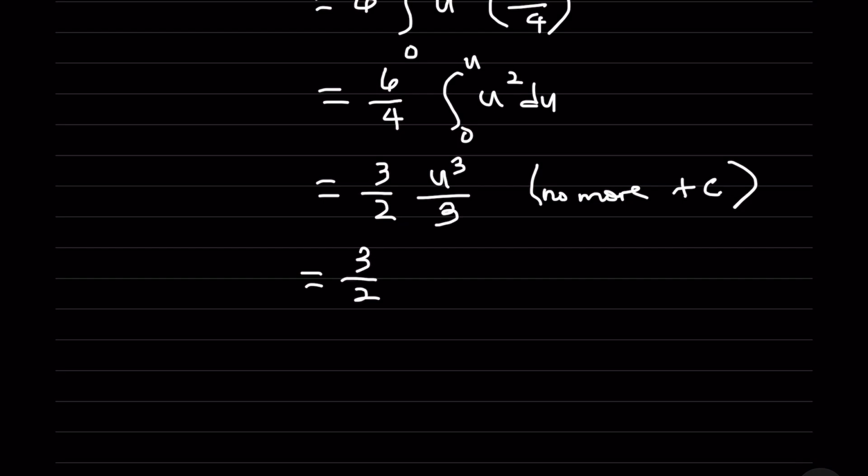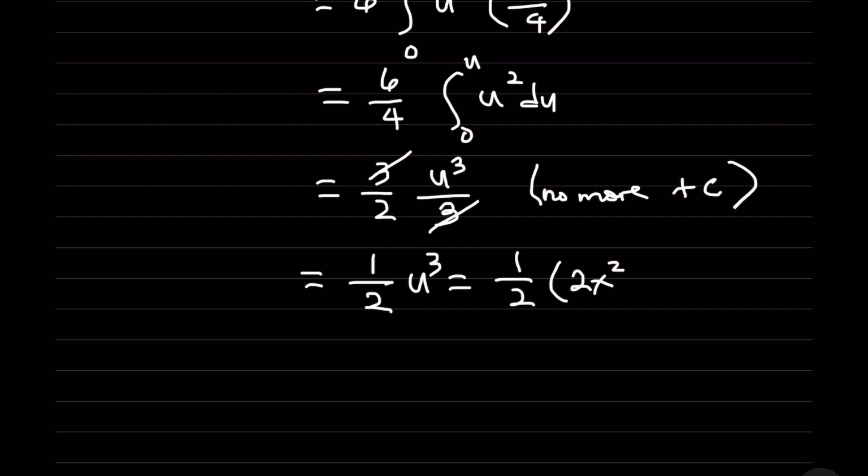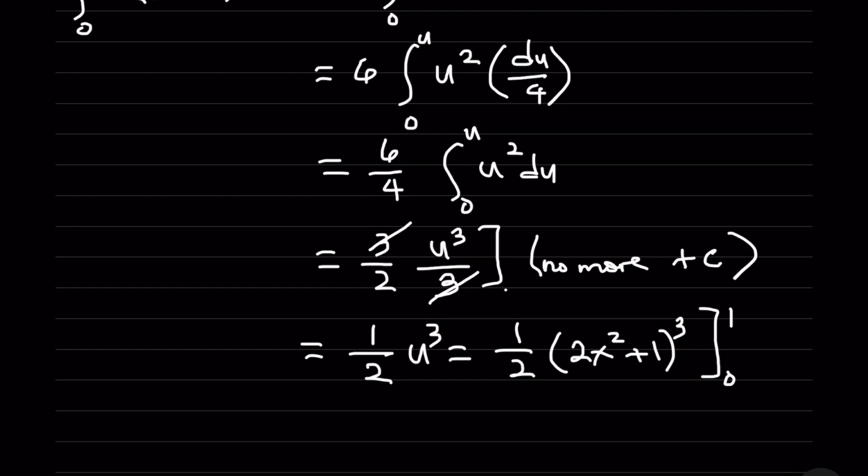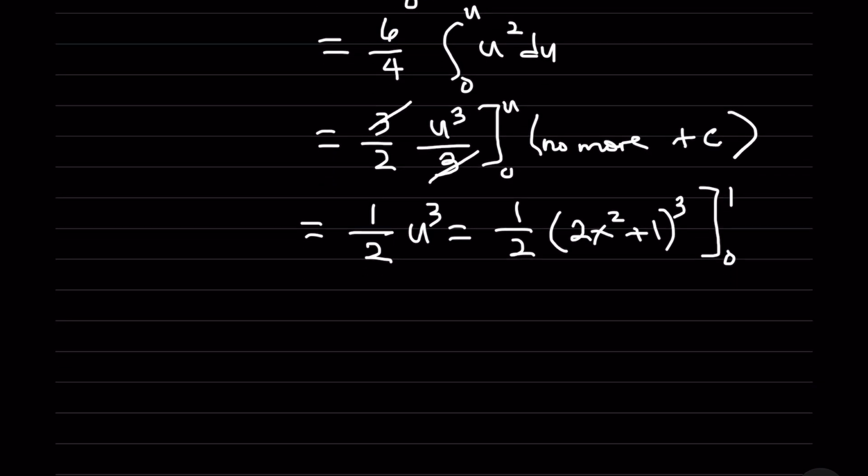Now, if we integrate this, there's no c anymore because this is a definite integral. The value of c will just be cancelled. So we have 1/2 u to the third power. Substitute the value of u, and according to the problem, the integral should be evaluated from 0 to 1. So we do it here.